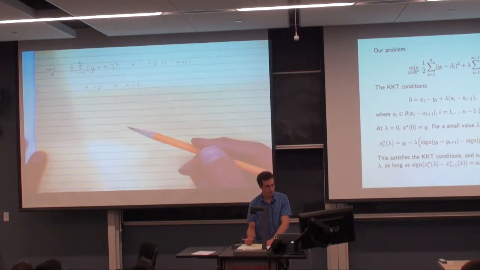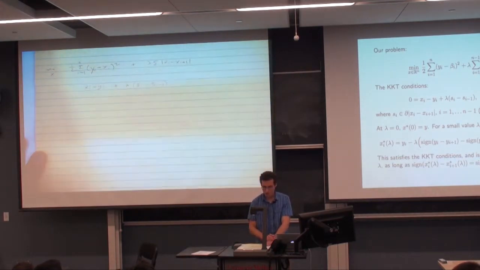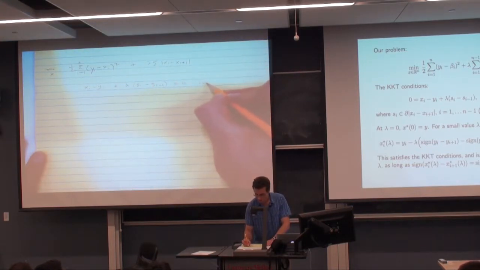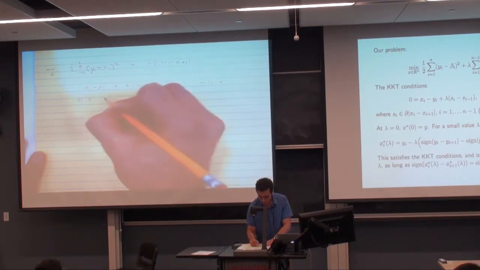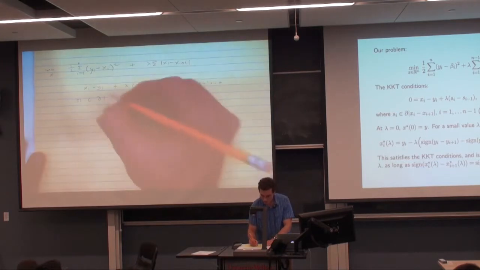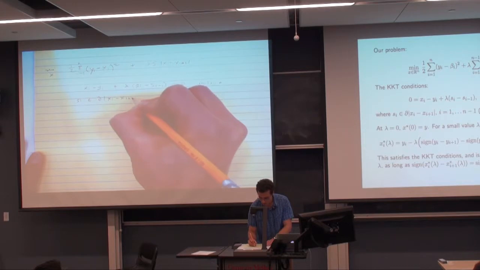And we also have a term si minus 1, because we also have a term in the sum that looks like xi minus 1 minus xi. So xi appeared in two of those absolute values, so I had to account for it in both places. This has to be equal to 0 for i equals 1 through n, where si is the subgradient of the absolute value function evaluated at xi minus xi plus 1.